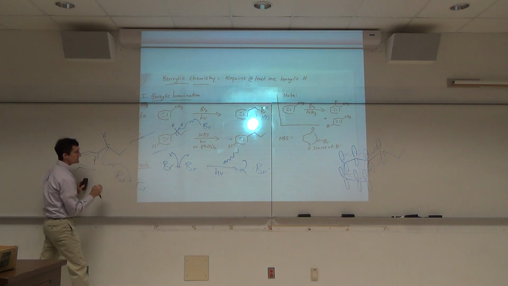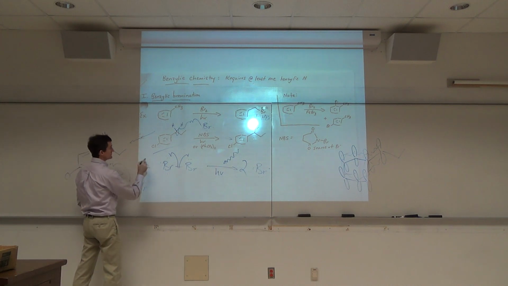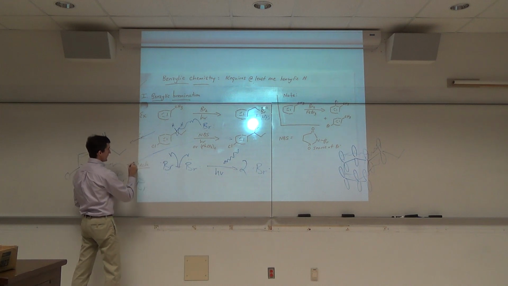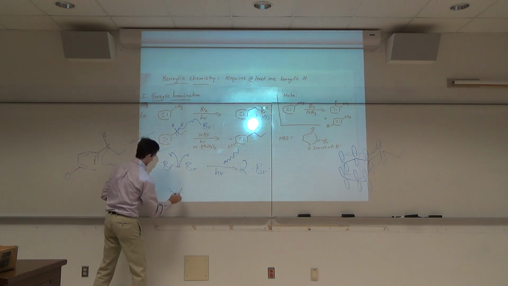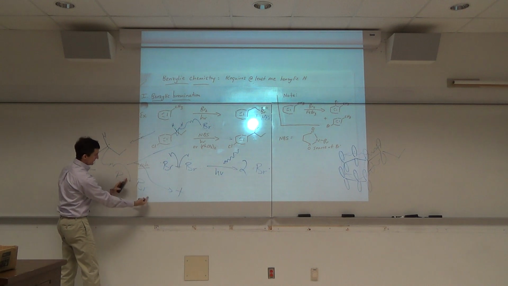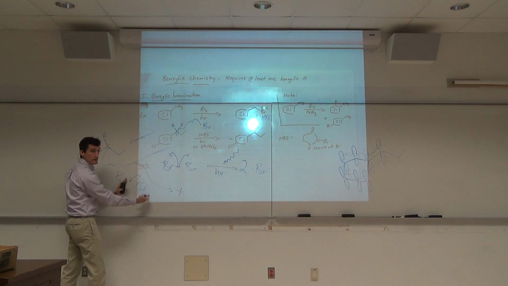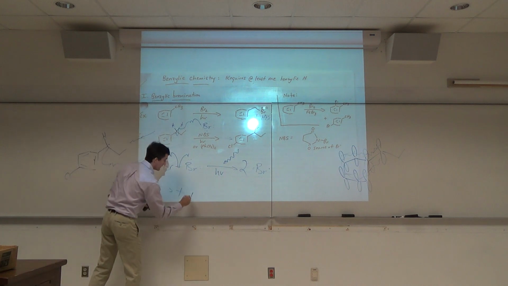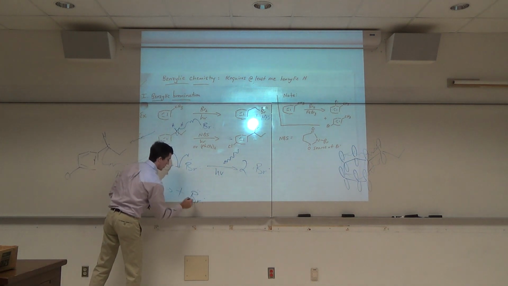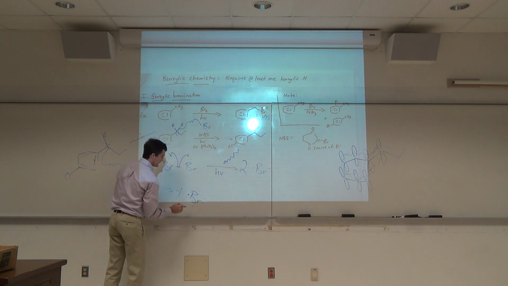Product. But what are we also making? We're giving product plus what? Hold on, I need an arrow, don't I? What are we making right here? Yes. Your bromine radical.